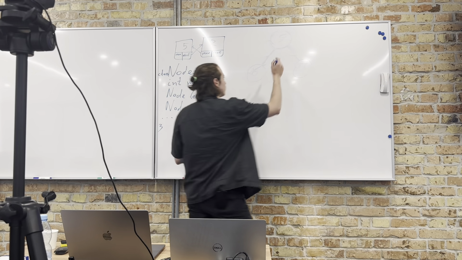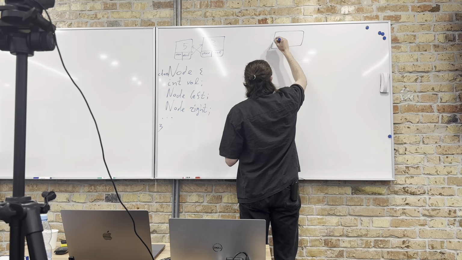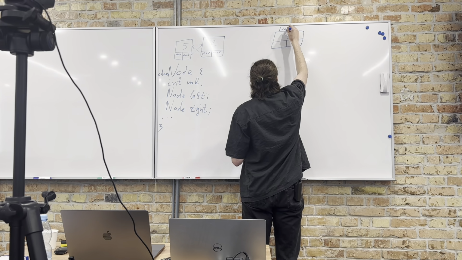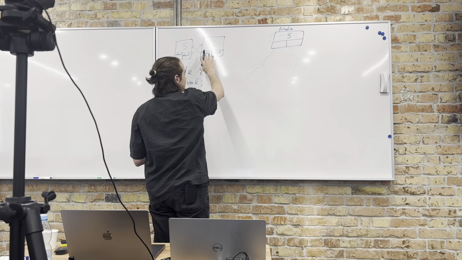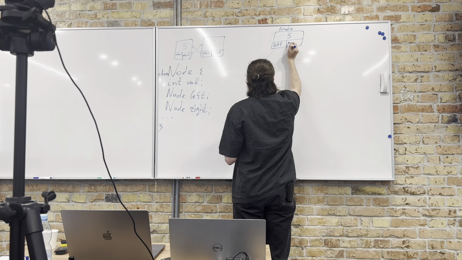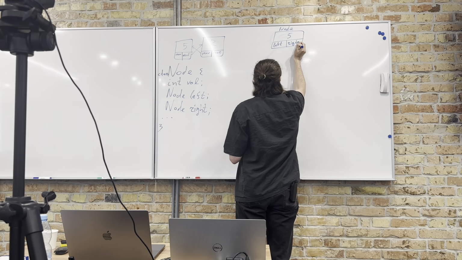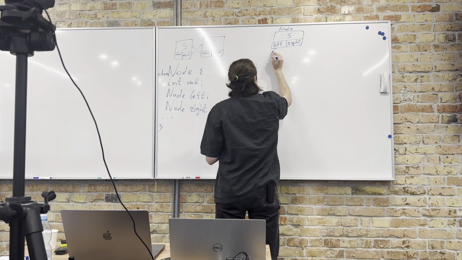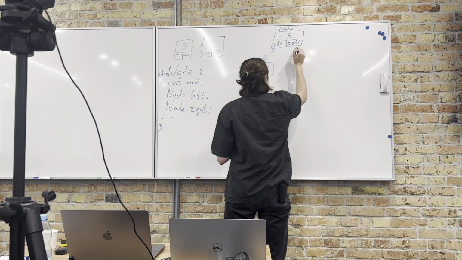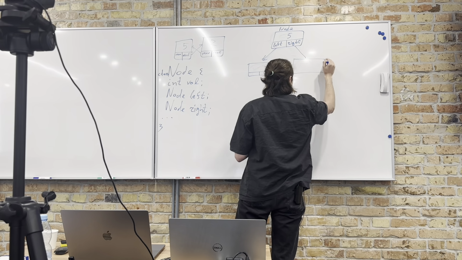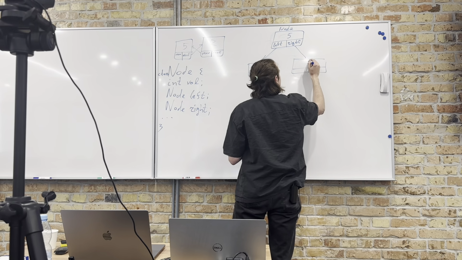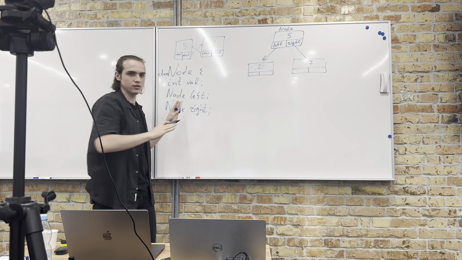So if we draw this node, it will look like the linked list node, but we will have left and right, and left will point to another element, and right will point to the right element, and so on and so forth.